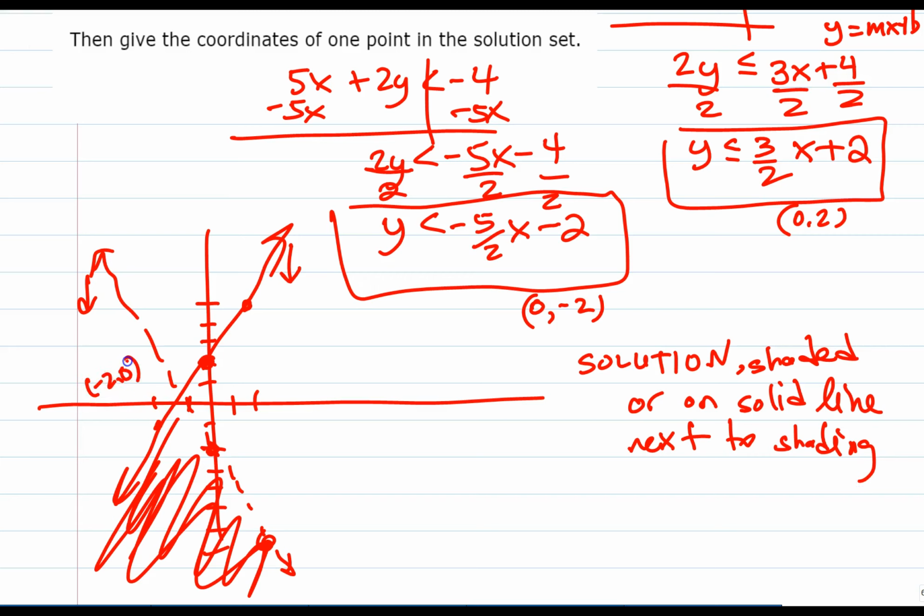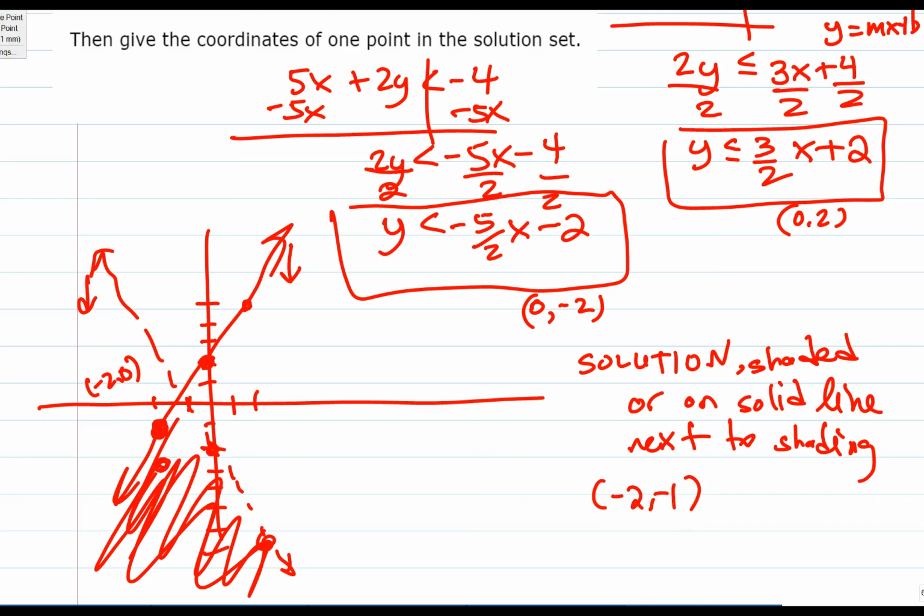Is -2, 0 in the right region? Not quite, is it? Here's -2, 1. Is it in the shaded region? No, but it's on the solid line next to the shading. So one solution would be -2, -1.